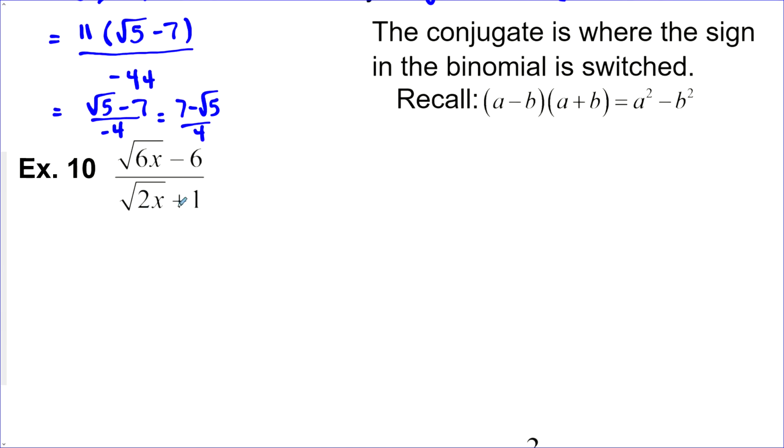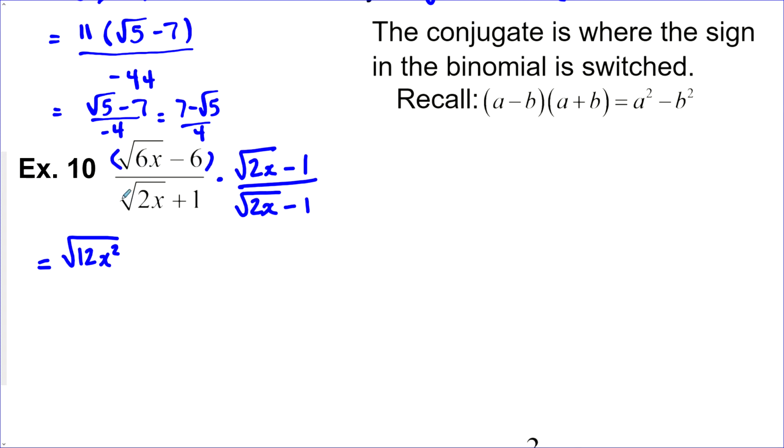We've got a binomial again in the denominator, so we're going to have to multiply by the conjugate. Root 2x minus 1. Multiply these out, so the first one here, square root of 12x squared. Let's put some brackets here to show these are binomials.